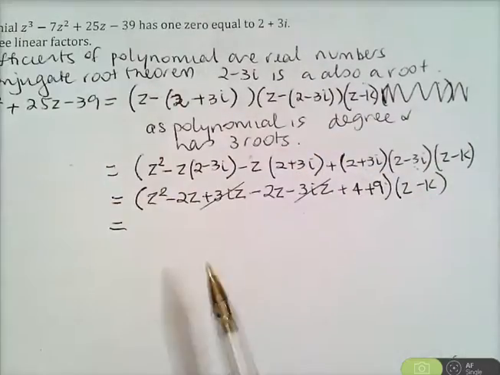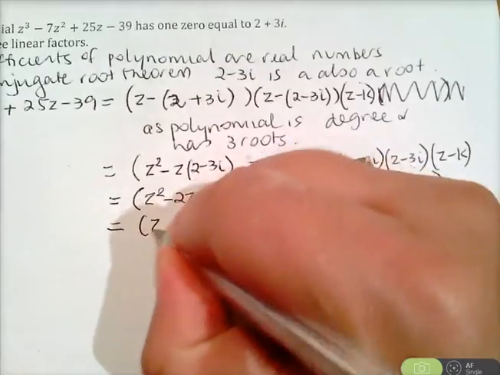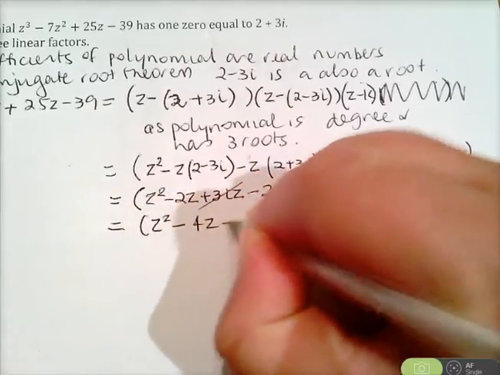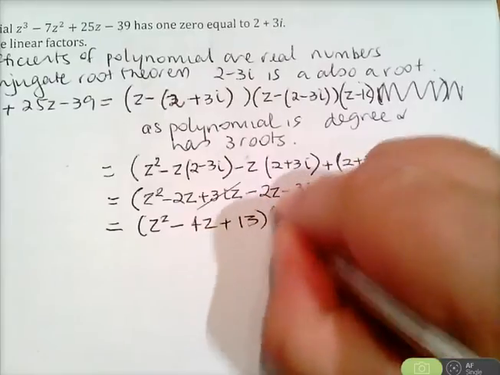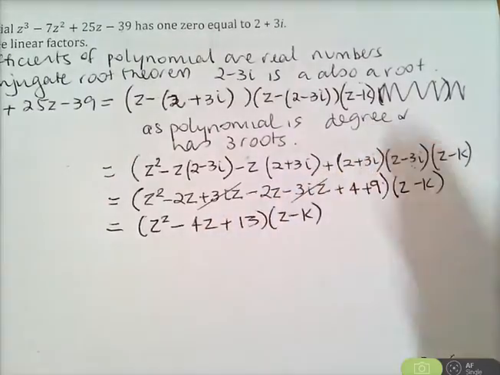And just collecting like terms, we've got z squared minus 4z plus 13 times z minus k.